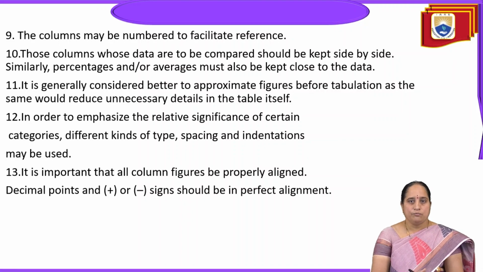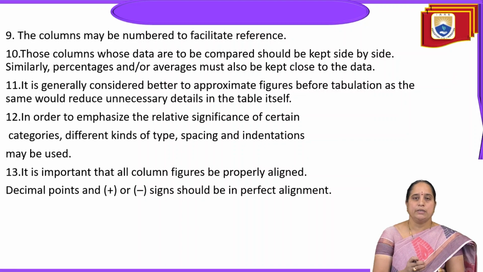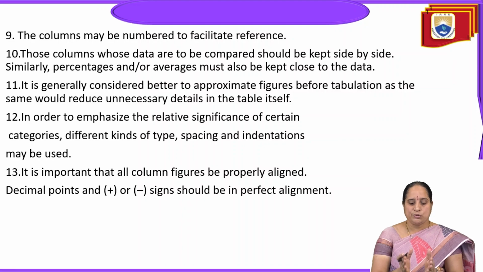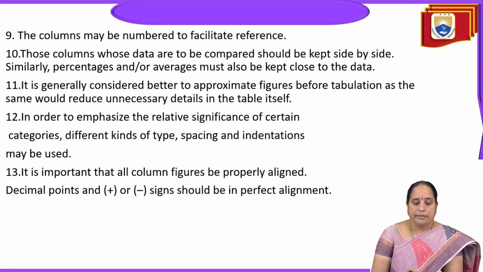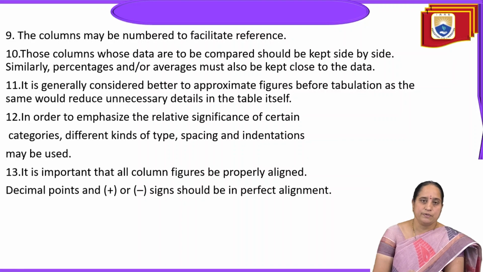And in order to emphasize the relative significance of certain characteristics, different kinds of type, spacing and indentations may be used. So proper spacing should be provided so that it looks very attractive. So we should not ignore these guidelines whenever we construct any table.